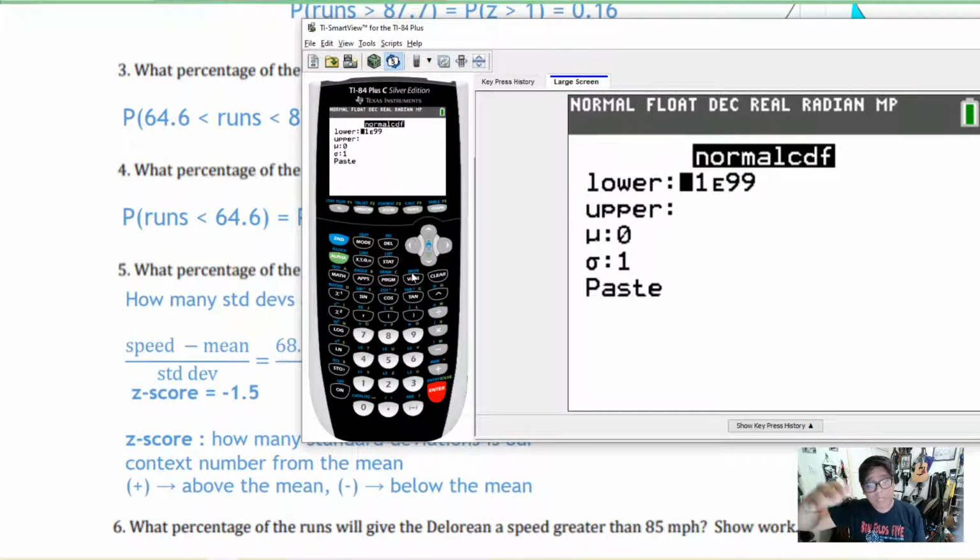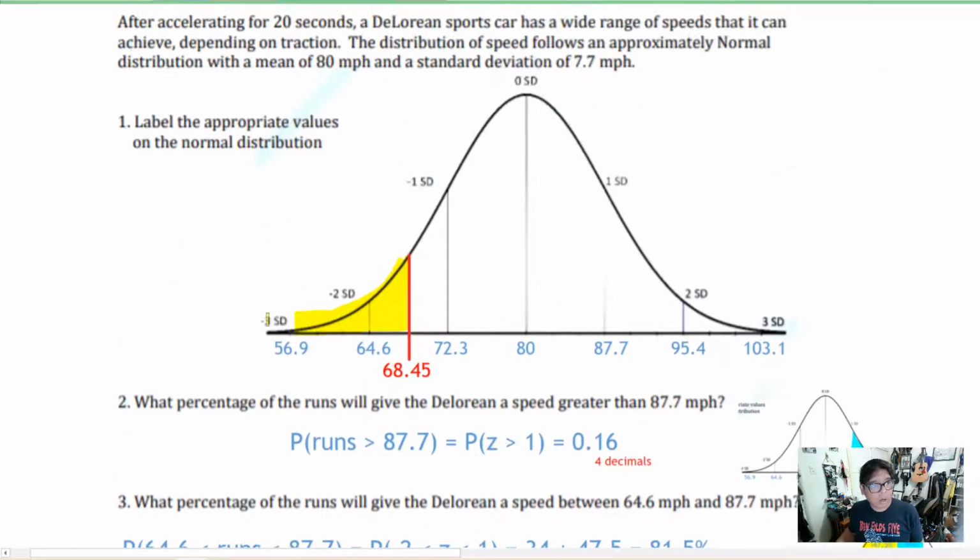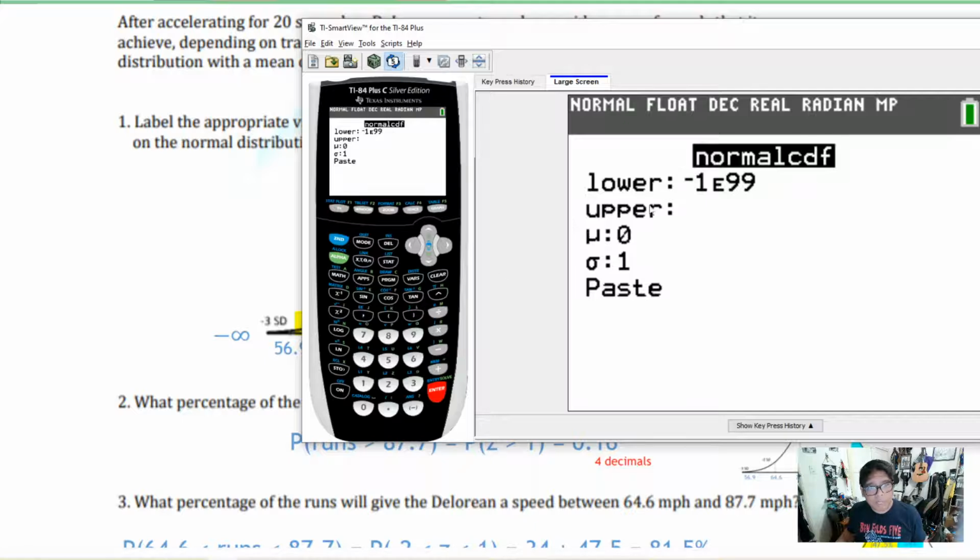NormalCDF is going to ask you for two z-scores, the lower z-score and the upper z-score. Now for our area, we don't really have a lower z-score because if we take a look at our area, we are going all the way to negative infinity. Since we're going to negative infinity, on our calculator, we need to put a really small number. And the smallest number your calculator has is -1 EE99.